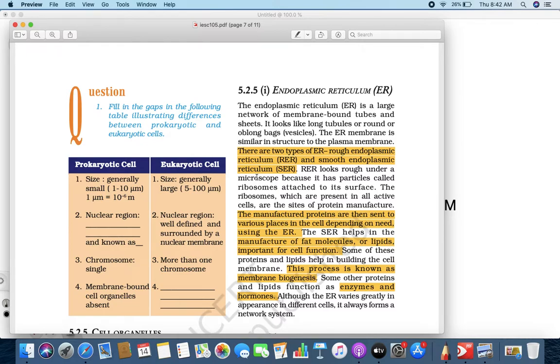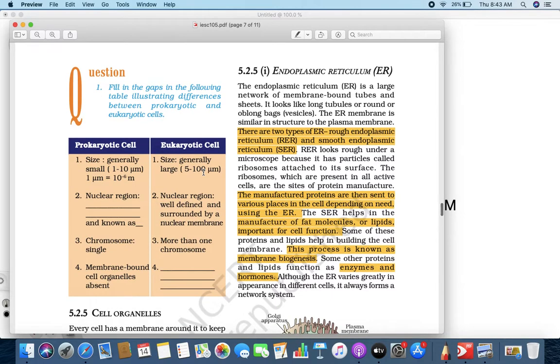What does it produce? It is a site to produce protein. The second, smooth endoplasmic reticulum, prepares fat molecules or lipids, and the main thing is they will transport it throughout the cell wherever it is required. So we have talked about our endoplasmic reticulum.